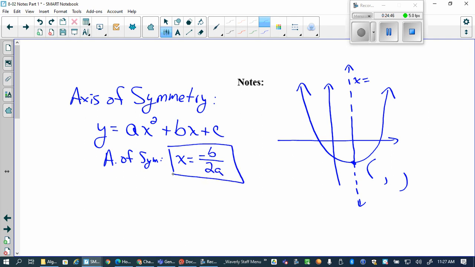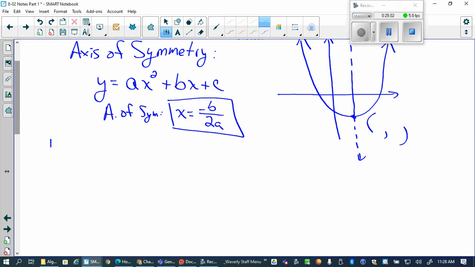That simple. You take a, b, and c and put them in there, you get a number. And that's the equation for your axis of symmetry. Okay? Give you an example. So remember this, x equals negative b over 2a.